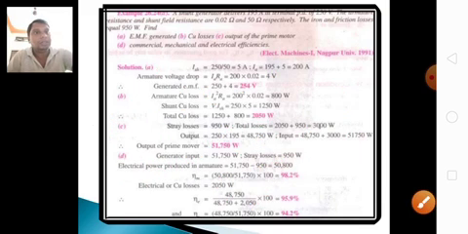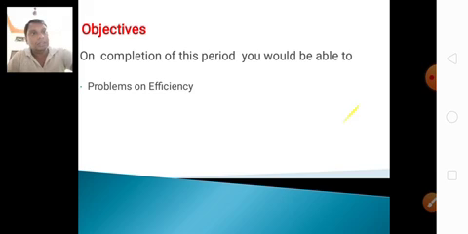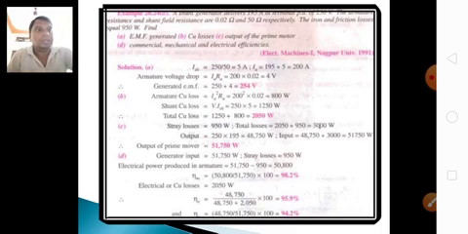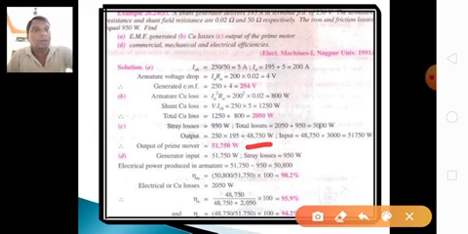Total output is 48,750 and the total loss is 3000. So we know the total output power and the total losses. From these two we have to find the value of input.